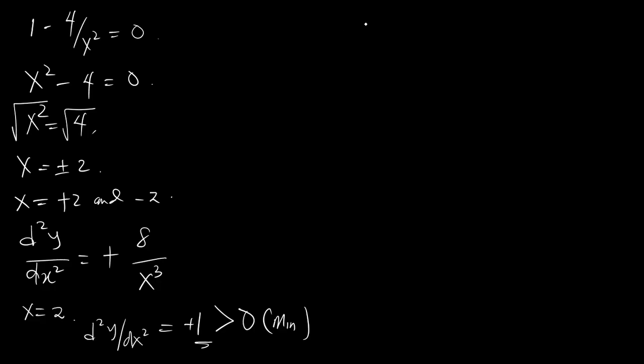Now for x equal to minus 2, d squared y all over dx squared is equal to minus 1. So this is less than 0. So this is the maximum point. So now with these conditions, we can now draw this graph.